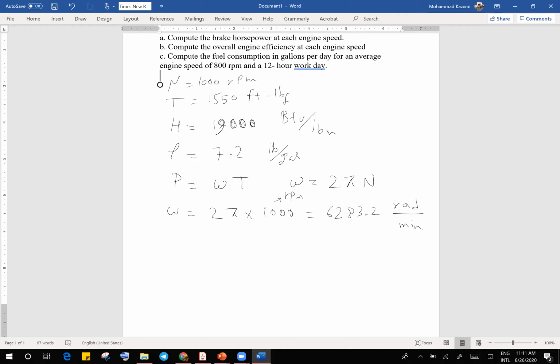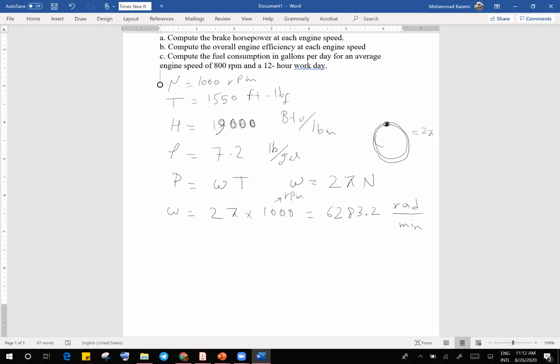And why, anybody knows why we have a 2 pi there? Any idea? Is it because the drive shaft is circular? Or, I mean, not the drive shaft, but the pulley is circular? Yeah, that shaft is circular, right? So if it rotates one full rotation, that is equal to 2 pi, right?